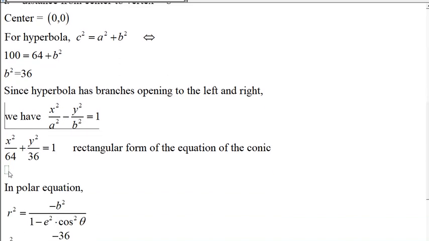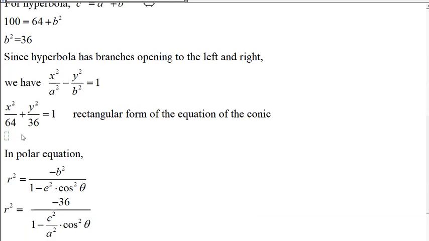And so the rectangular form of the equation of this hyperbola will be x squared divided by 64 minus y squared divided by 36. So this is the rectangular form of the equation of the hyperbola.